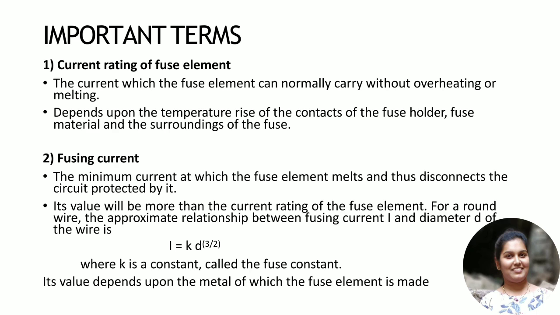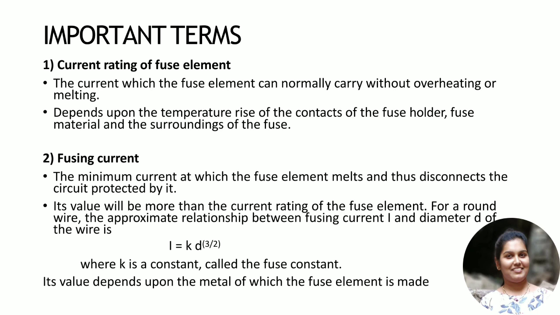Even if we apply a current much greater than the fusing current, the circuit operation will remain the same. That is, the circuit will be broken, it will now be open circuited.